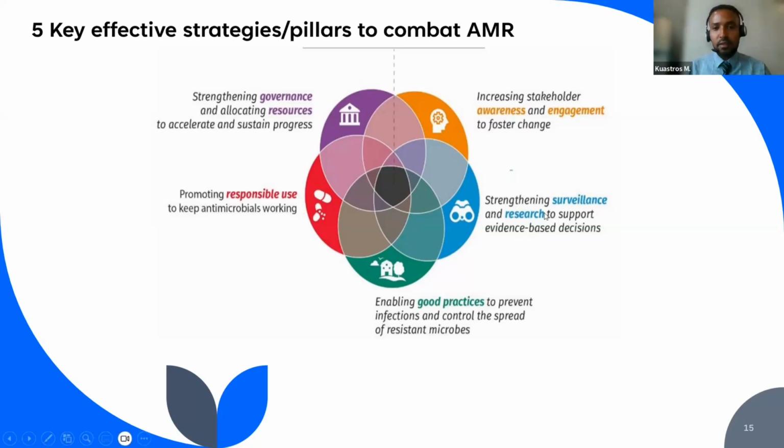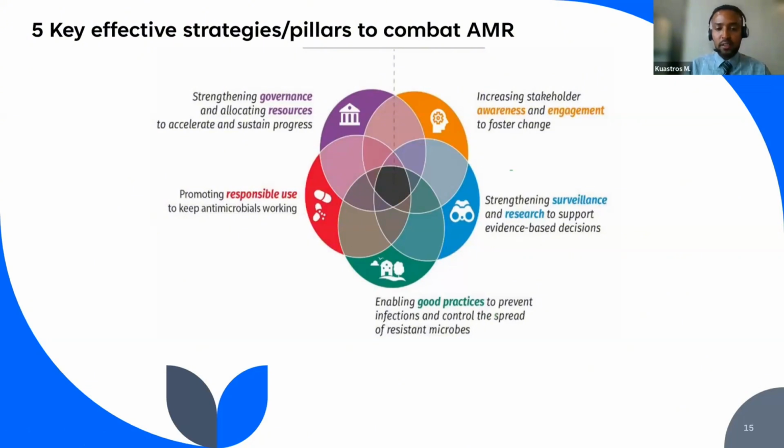The third strategy is strengthening the surveillance system, particularly capacitating the laboratories to really generate evidence. It could be through research, or through lab-based AMR surveillance, or through AMR testing and generating AMR surveillance data for decision-making purposes. And the fourth pillar is enabling good practice. Prevention is important for AMR.